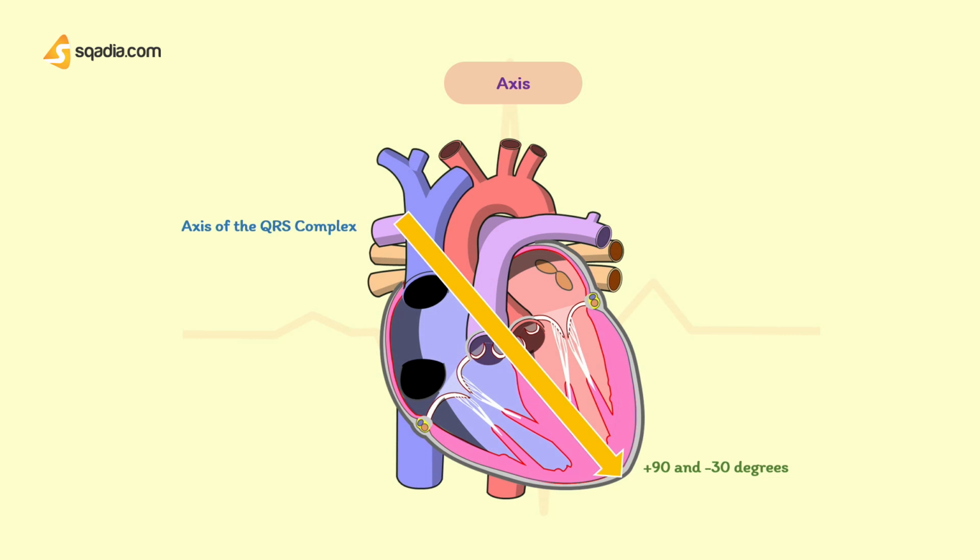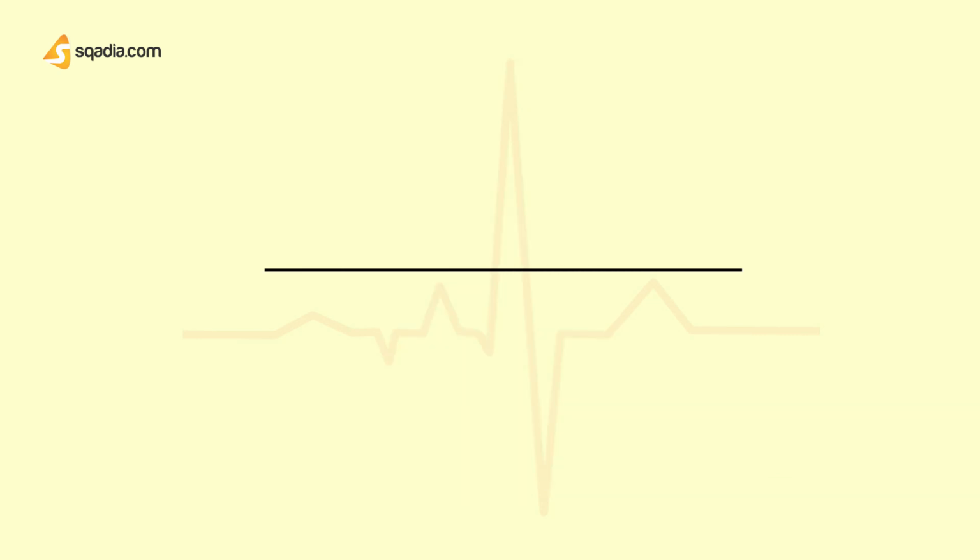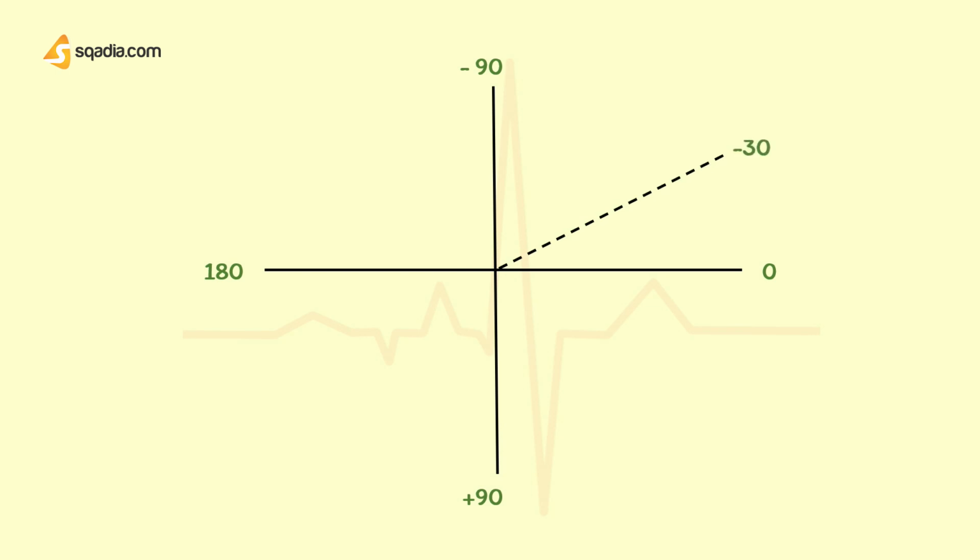degrees. Say if we make a graph, the x-axis is 0, and moving downwards is positive 90 degrees and upwards is negative 90 degrees. The normal QRS vector will lie in this area, between positive 90 and negative 30 degrees.